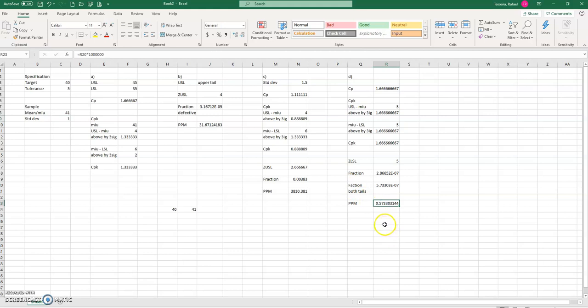So we have very little waste, like money, because we're producing less than one defective box every 1 million. So we're saving a lot of money. Look at the size of this reduction, from 31 to less than 1.